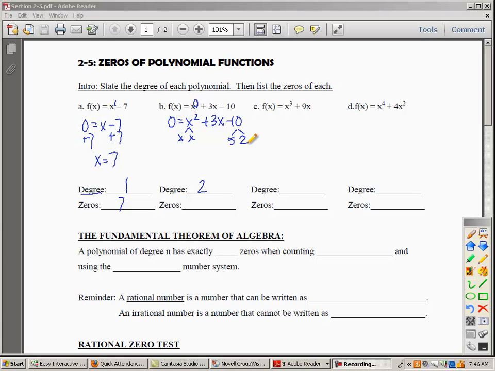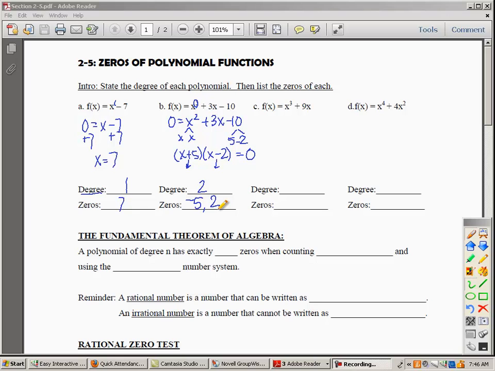I know that 5 and 2 will somehow get me 3, but in order for it to be a negative 10, my 2 would have to be negative. Therefore, I have an x plus 5 and an x minus 2 equals 0. If I set each grouping equal to 0, what I end up getting is negative 5 for a 0 and positive 2.